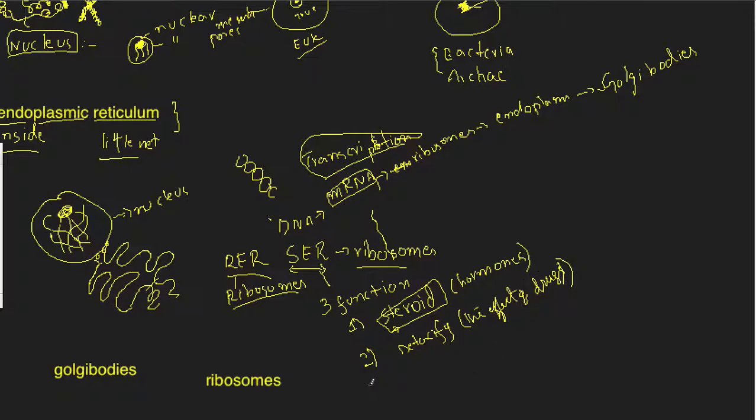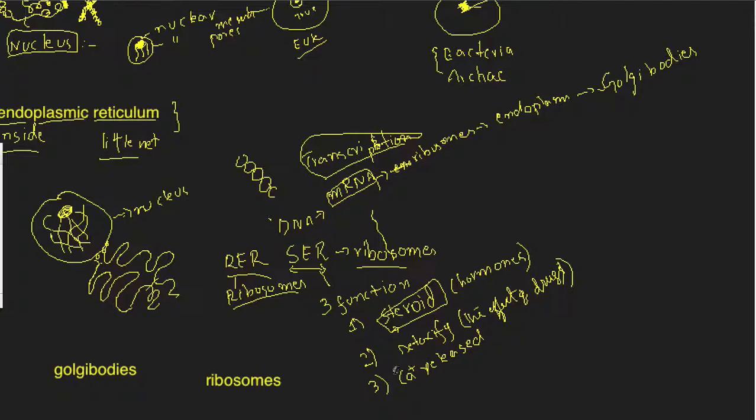And the third function is that it stores calcium ions. You might be thinking, what's the function of the calcium ion? When a nerve cell or your brain cells activate your muscle cells, these calcium ions are stored in the membrane of the smooth endoplasmic reticulum, and when the nerve cell stimulates a muscle cell, the calcium ions are released from the membranes and go to the muscle cell to help it contract.